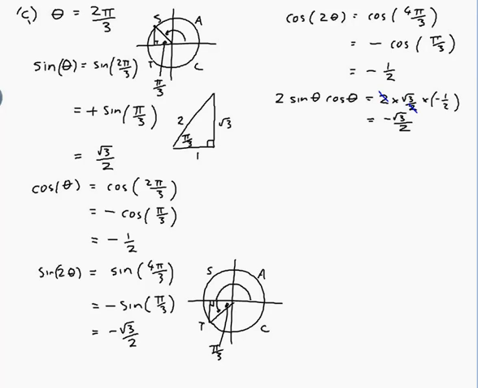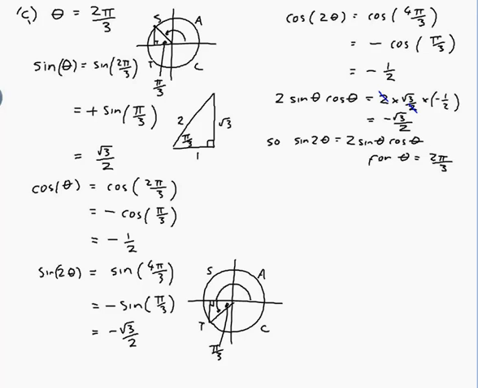And let's just check, sine of 2 theta was minus root 3 on 2, so sine 2 theta is equal to 2 sine theta cos theta, for theta is equal to 2 pi on 3.